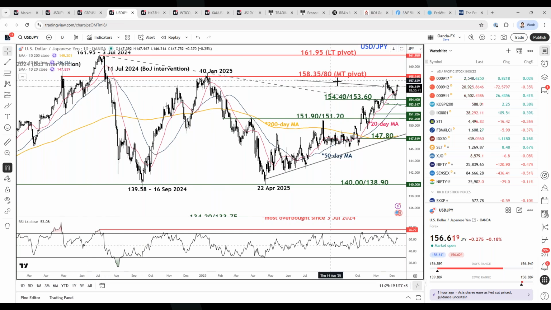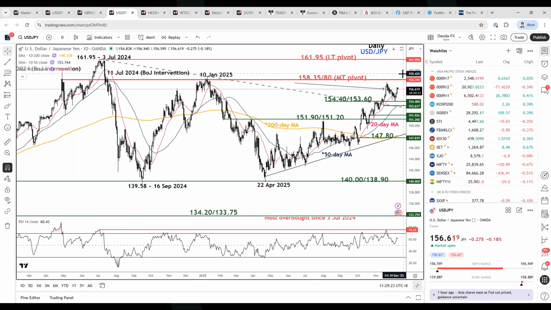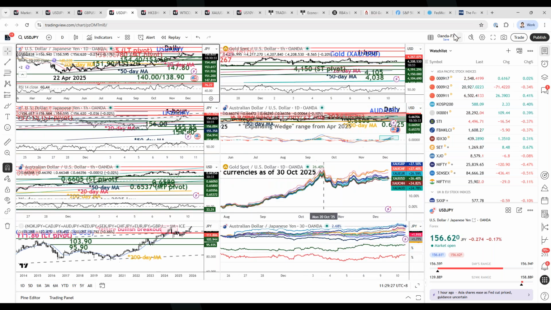All right, so definitely the 158.80 forms a rather key sentiment level to watch out for. That will be my medium-term pivotal resistance level. So that sums up all the intraday technical outlook on the 4 major US dollar pairs.